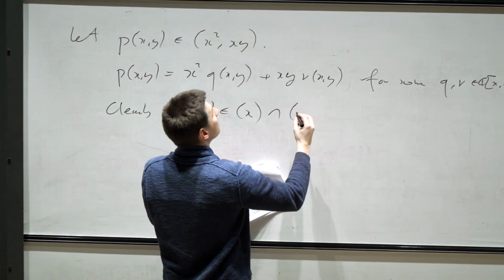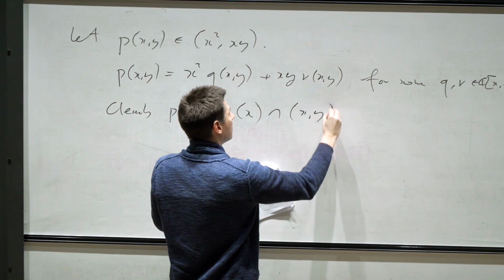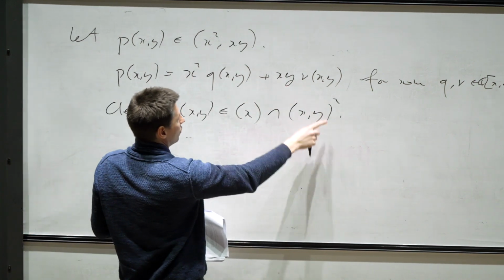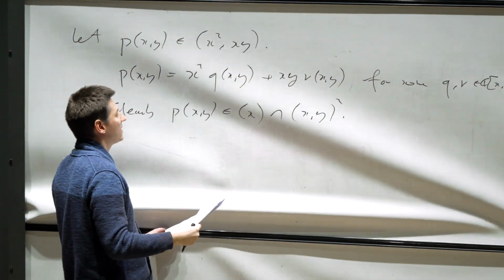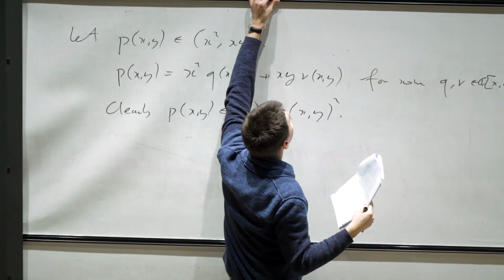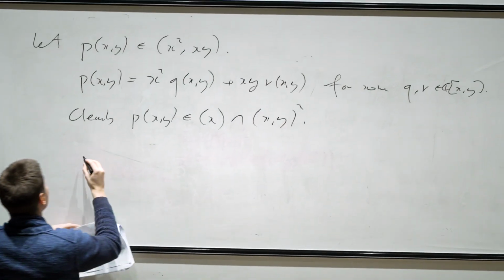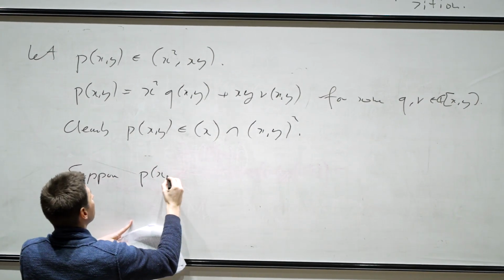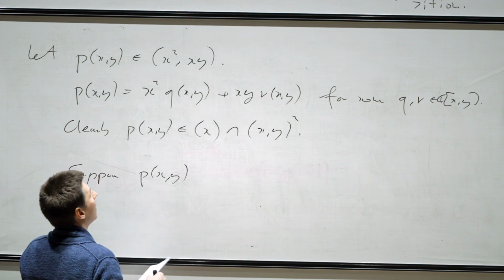So this is actually kind of obvious, since these generators do. Okay, vice versa. Now suppose that p(x, y) lies in the intersection.